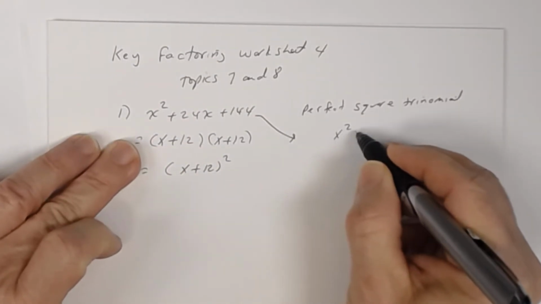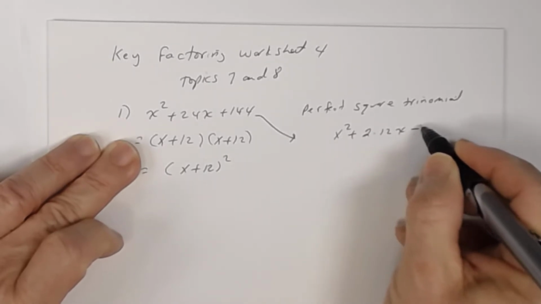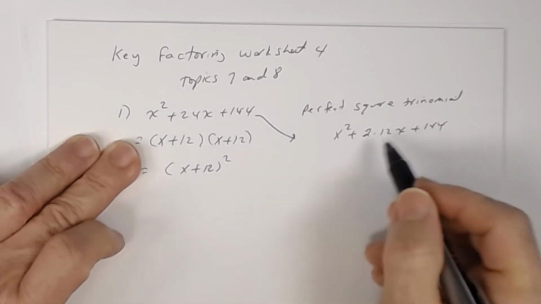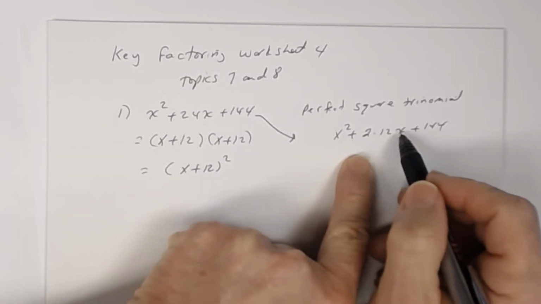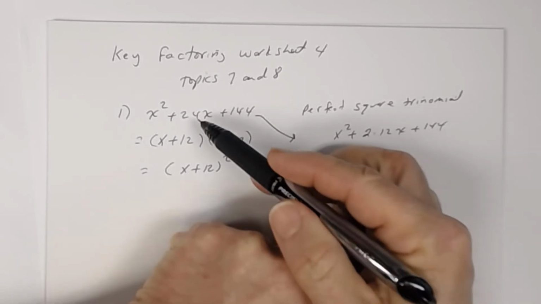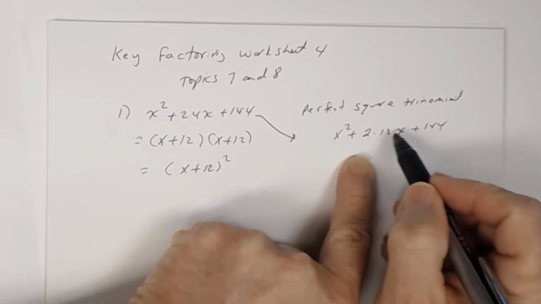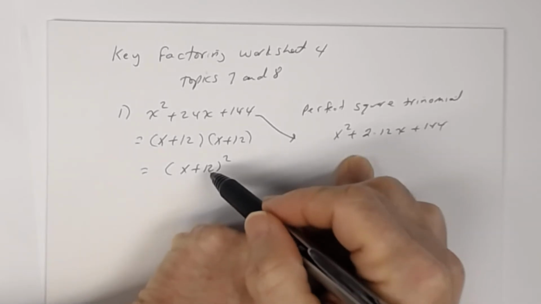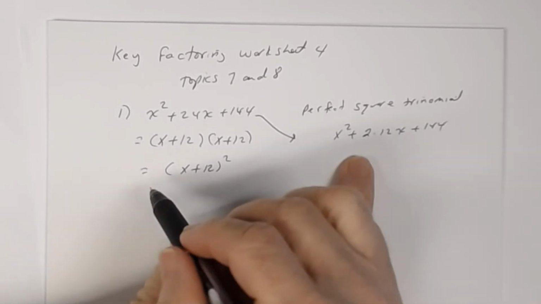When I rewrite this, I get x squared plus 2 times 12x plus 144. Notice that 12, if I square it, I get 144. So that's what you see here. And you see this x, if I square it, I get x squared, and that's what you see here.